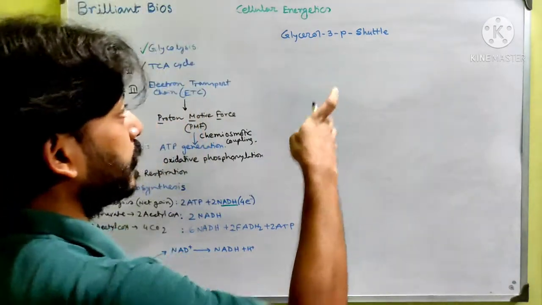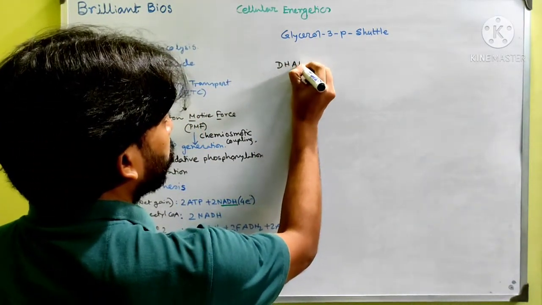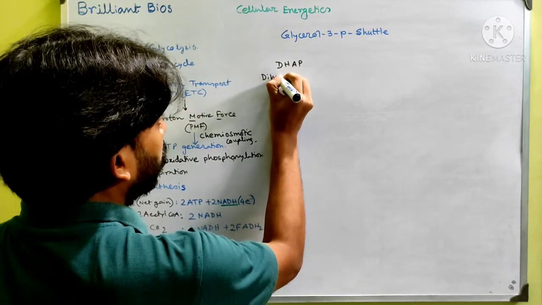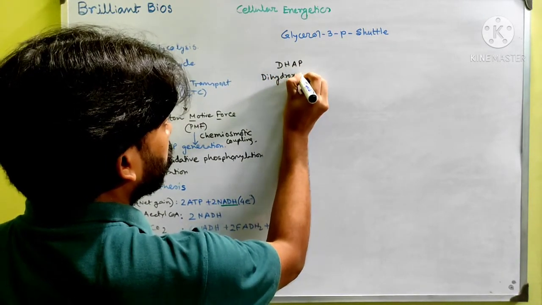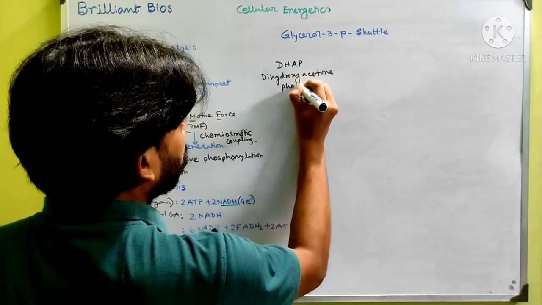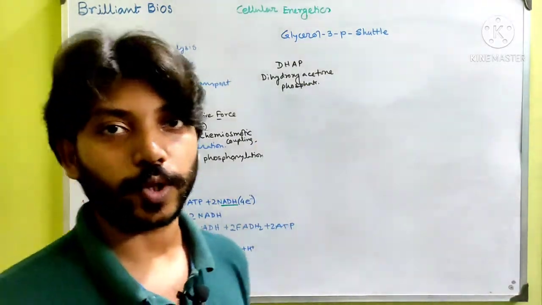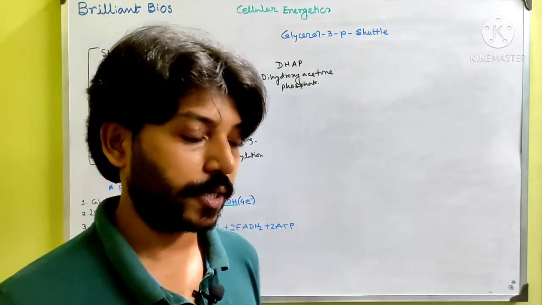In this case, this is called Glycerol-3 phosphate. Here a molecule called DHAP, the full form is dihydroxyacetone phosphate, is an intermediate metabolite in the glycolysis pathway.